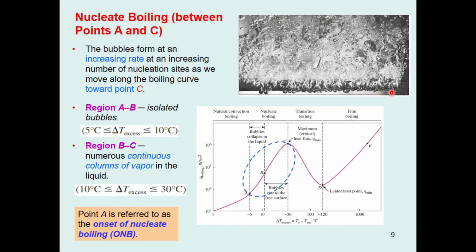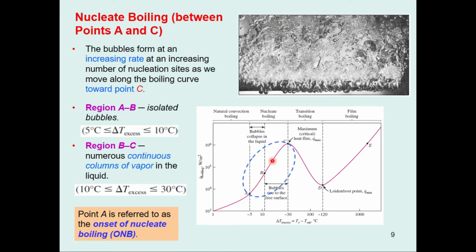So the point or the region from where the bubbles are formed is called the nucleation site, as we move along the boiling curve towards the point C. So at this point there is no bubble at the bottom of the liquid, and when we move along this curve, the number of nucleation sites, or you can say the rate of bubble formation at the heating surface, will go on increasing.